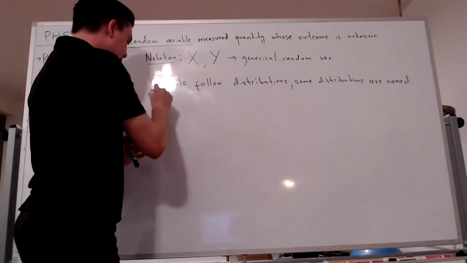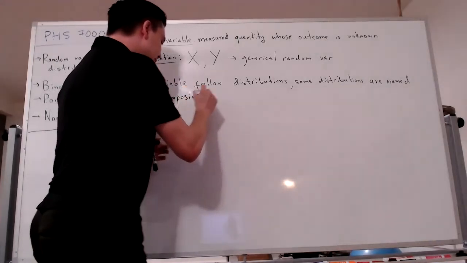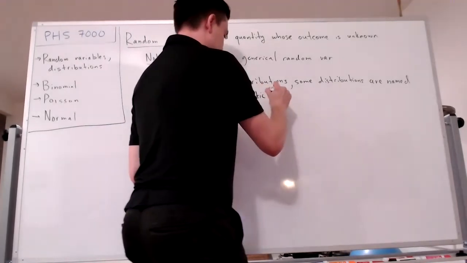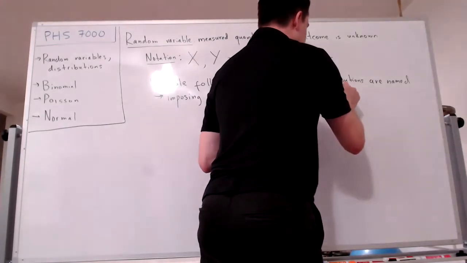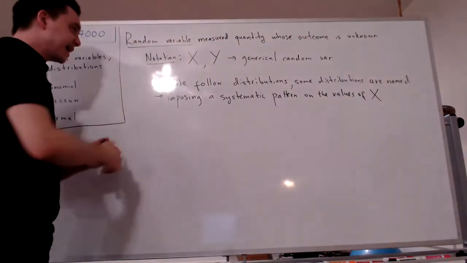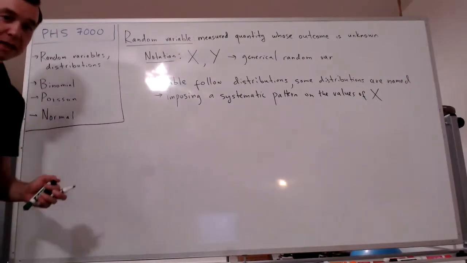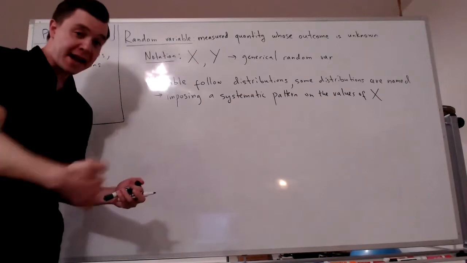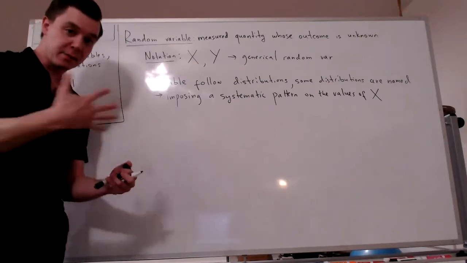When we say that, I want you to know that this is imposing a systematic pattern on the values of our variable X. If I say X follows a binomial distribution, or honestly any other named distribution, I am imposing a statistical model as to what values are going to be common, which values are going to be uncommon, and what values are going to be impossible.